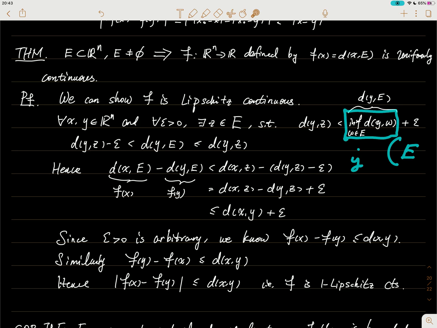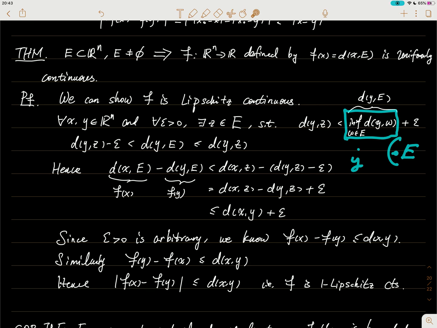This is the definition. And because this is an infimum, that means for every positive epsilon, there will be some z inside E such that the distance between y and z is smaller than the actual distance, the infimum, plus epsilon, right? That's the property of infimum.